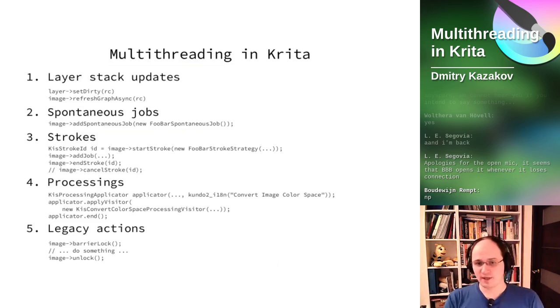And the fifth API is legacy actions. We try not to use them, but we still have a few actions that use this way of executing actions in Krita. Basically, you call image barrier lock, do something on the image, and then unlock the image.